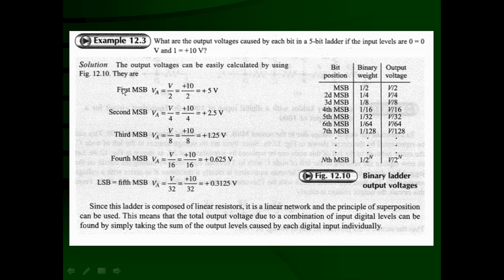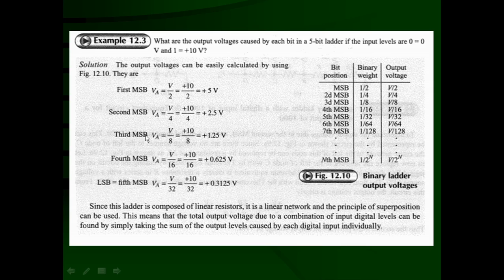The first MSB will contribute VA equal to V by 2, and V is 10 volt, so 10 volt divided by 2 is equal to 5 volt. So if one signal at the MSB is there, that will contribute plus 5 volt. Similarly, the second MSB contributes V by 4, that is plus 10 by 4, equal to plus 2.5 volt.